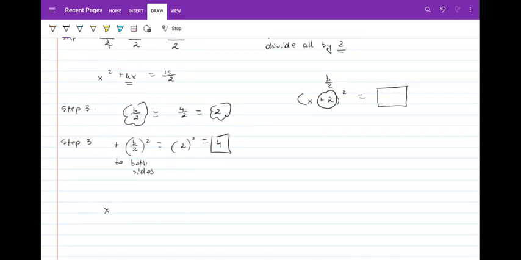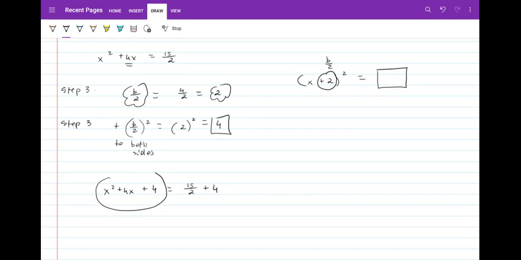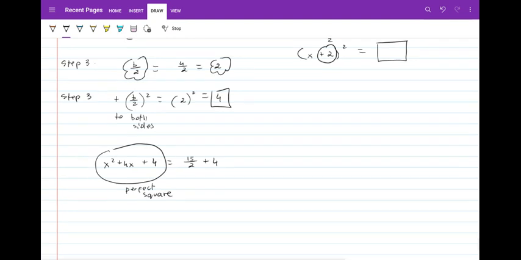So we have x squared plus 4x plus 4 equal 15 over 2 plus 4. So here you have a perfect square, which we can factor.